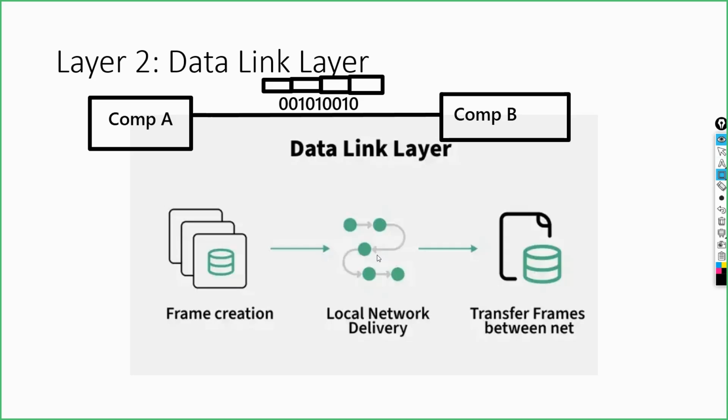So, can anyone tell me, computer A and computer B are connected over the network, and computer A wants to send the data to computer B. Does computer A know the MAC address or the IP address of computer B? As a network administrator you can know the IP address, but does computer A know the MAC address of computer B?